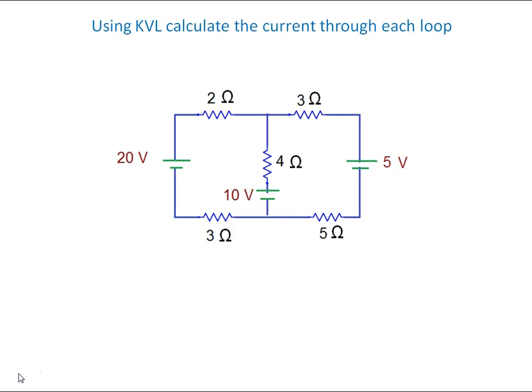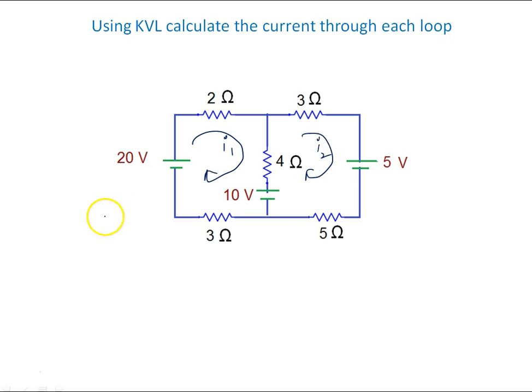Now another question. You have to use the Kirchhoff voltage law, the second law, and you have to calculate the current through each loop. So first you should try to solve it. Again I assume here that in this loop the current flowing is I1, and in this loop the clockwise current flowing is I2.